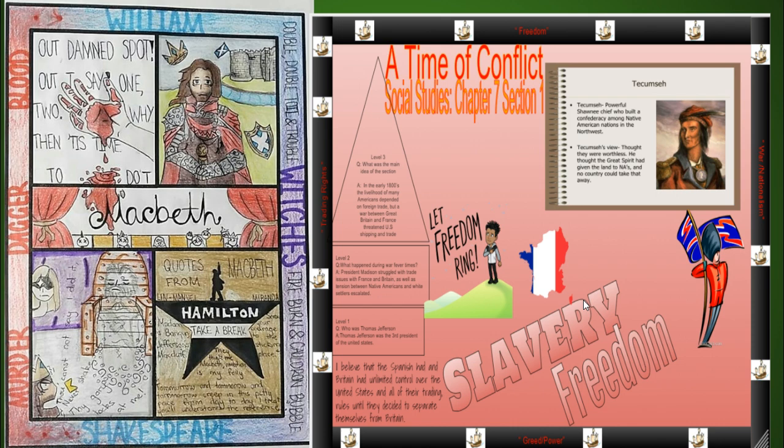This one on the left, this is about William Shakespeare, and they're comparing William Shakespeare's Macbeth to the musical Hamilton. Really nice border around the one pager. They have all these important ideas and words about Macbeth and William Shakespeare. Again, they've broken this up into panels.